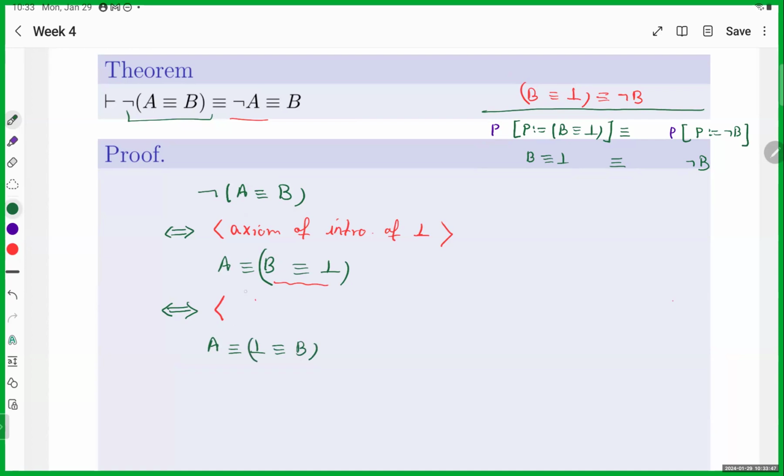Right? Now, in order to apply the symmetry, again, the same thing. I wanted to replace this with something equivalent to it, which is bottom is equivalent to B. So we are using Leibniz for an axiom.